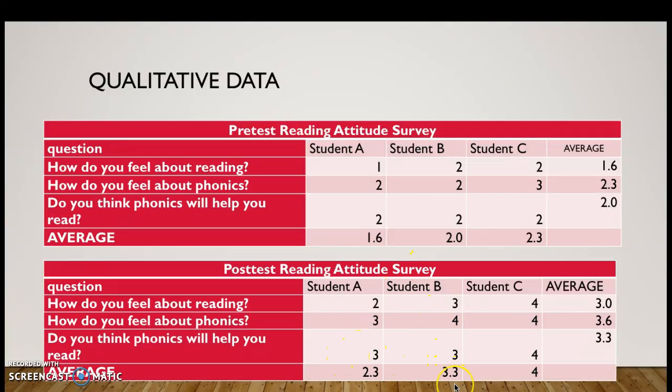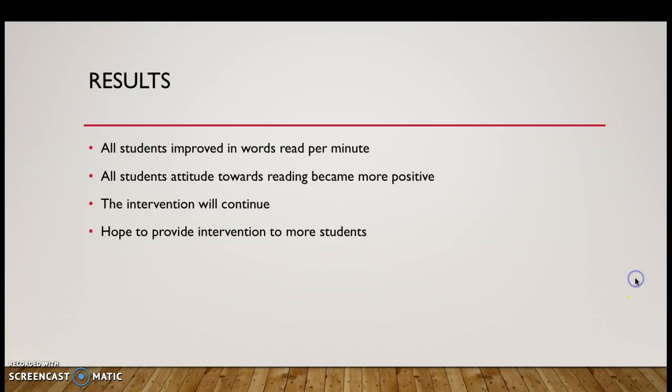Student B, you can see, ended with a total of 3.3, which had an increase of 1.3, and that 3.3 tells me that that student has a more positive attitude towards reading. And then finally, student C had an average of 4, which is on the agree side, which is a much more positive attitude towards reading. And student C had an increase of 1.7.